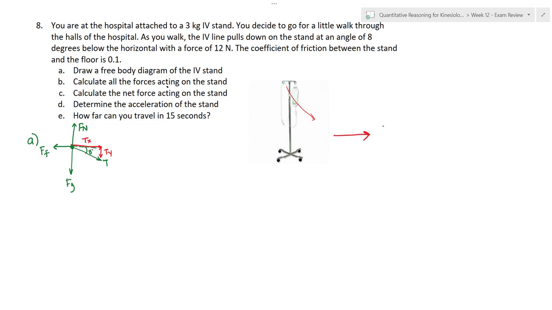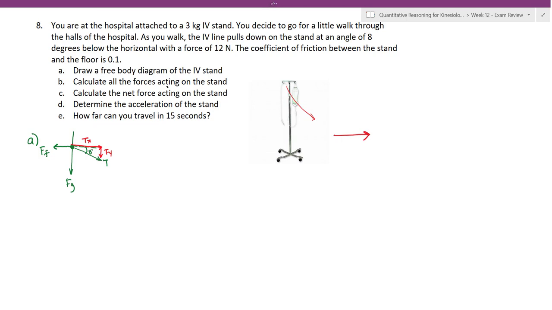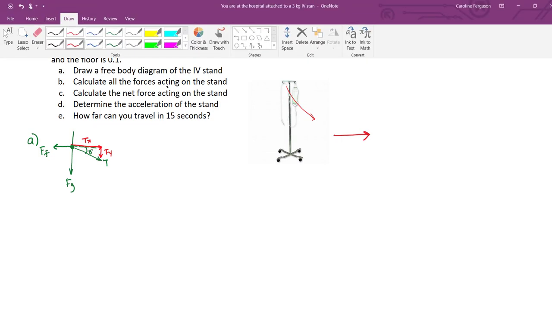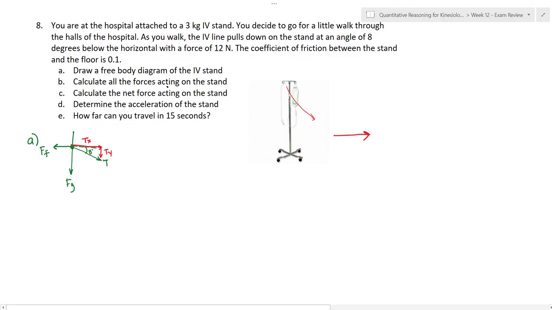We have Ty and Fg, and then we have F normal. Ty and Fg are pointing down, and F normal is pointing up. So F normal needs to be bigger than Fg. Fg and Ty together add up to F normal. So I'm going to make F normal look a little bit bigger than Fg.